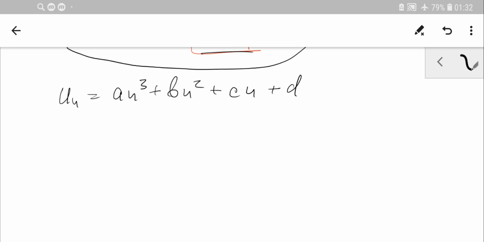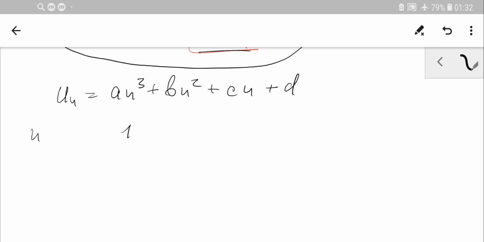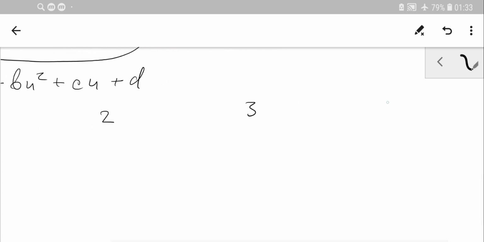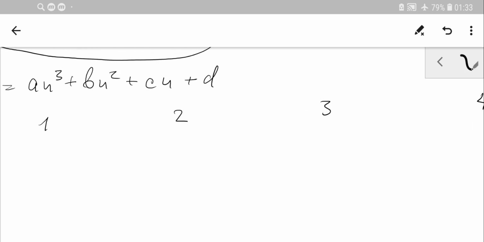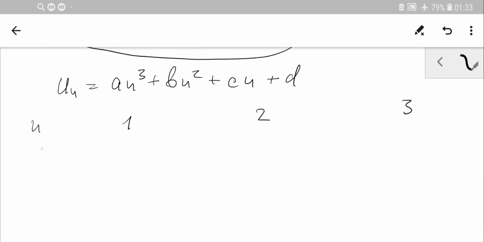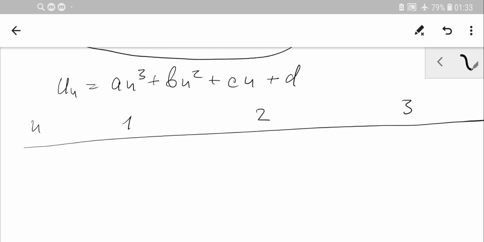What we can do is create a table in a similar manner. So 1, 2, 3, and obviously we need the fourth element because that's cubic. So there are 4 counting numbers, and we're going to plug into the formula u_n.